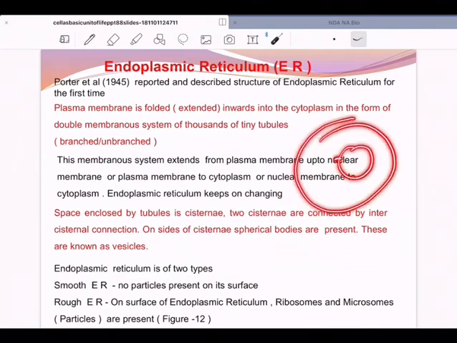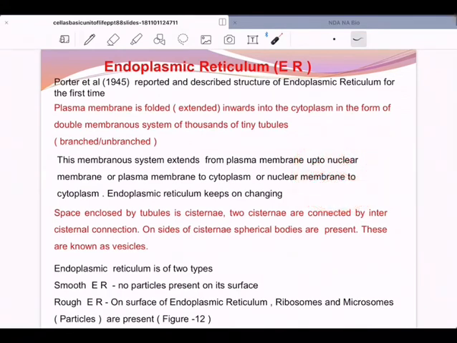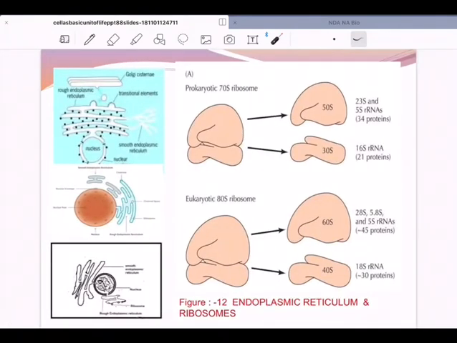This is smooth endoplasmic reticulum. And when you have ribosomes on the endoplasmic reticulum, then we say it is rough endoplasmic reticulum. So on rough endoplasmic reticulum, there is always presence of ribosomes and microsomes. Well, let's see the diagram. And the space enclosed by tubules is cisternae.